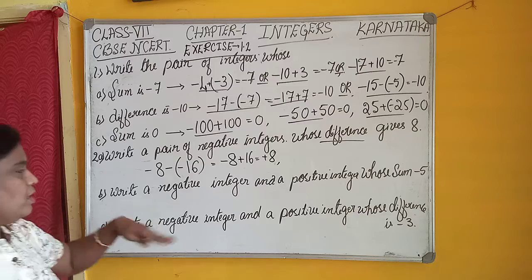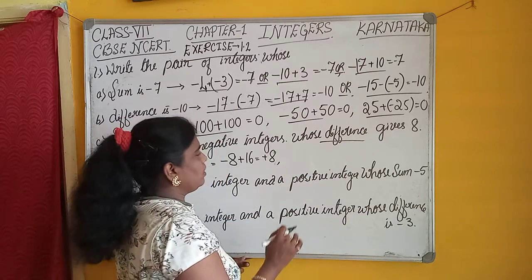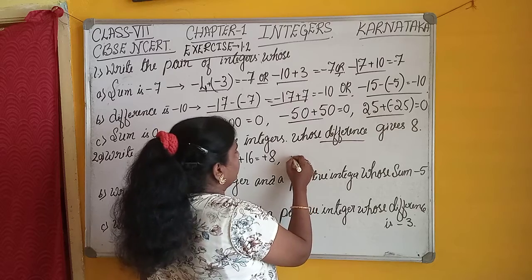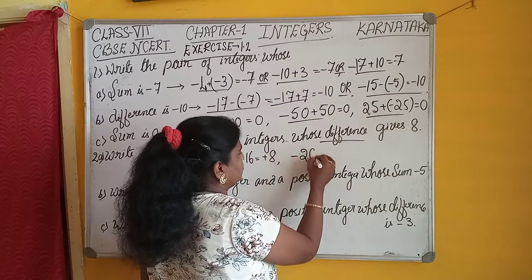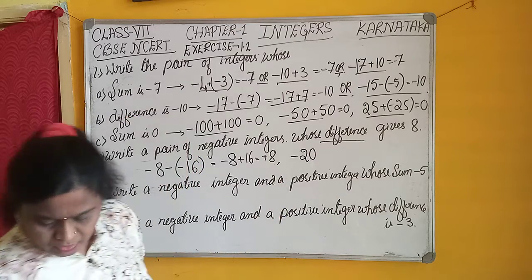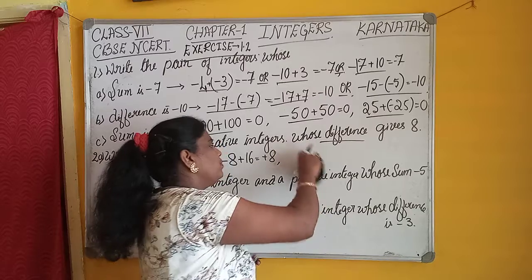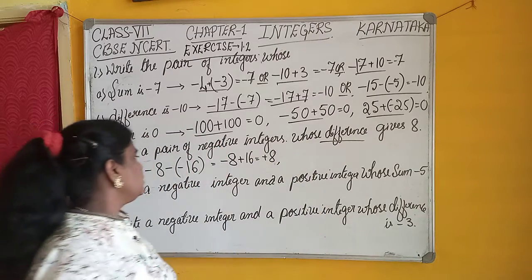Understood? In another way, to get plus 8, we can write -20. No, it will not work, because this would be the greater number; here it should be the lesser number. Negative should be the lesser number.